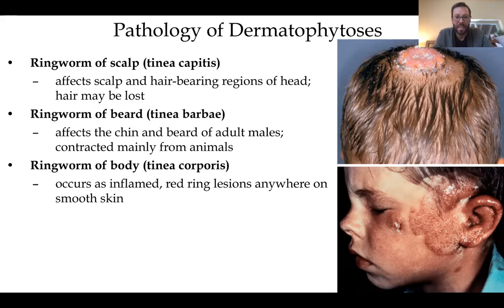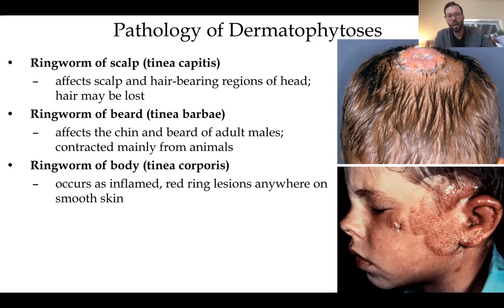And so there can also be tinea barbae, where barbae is, I guess, Latin for barber, right? And it's going to be on the face. Oftentimes it's called ringworm of the beard because guys like me who have beards, it can trap those fungal spores and give them a nice place to take hold. Luckily, I've never had an issue with ringworm of the beard.